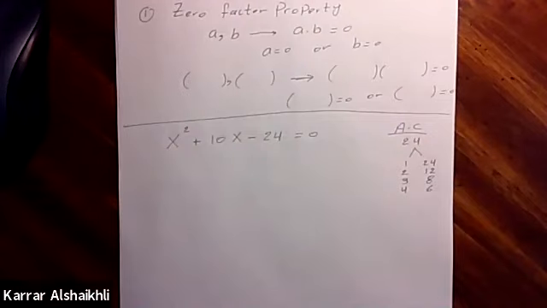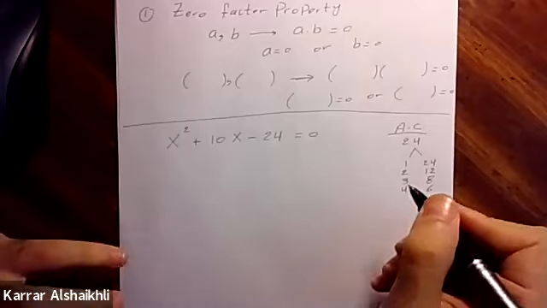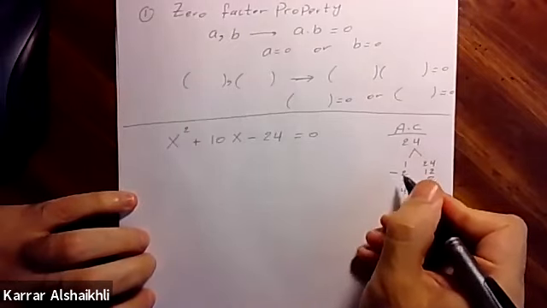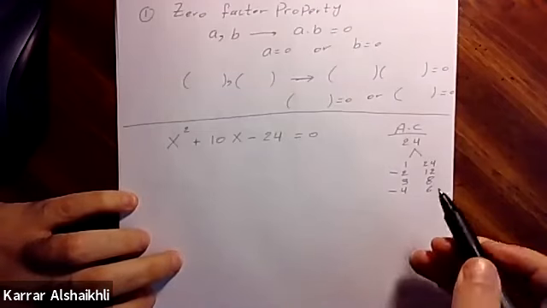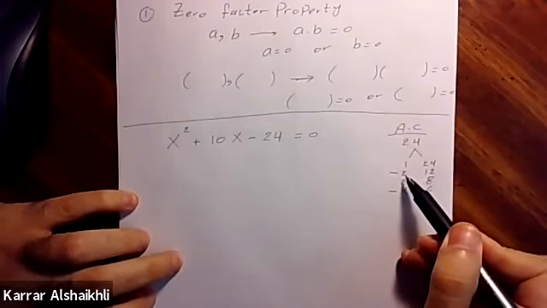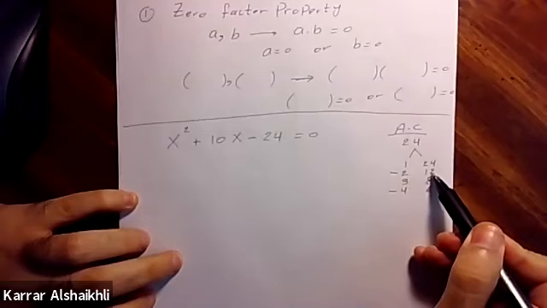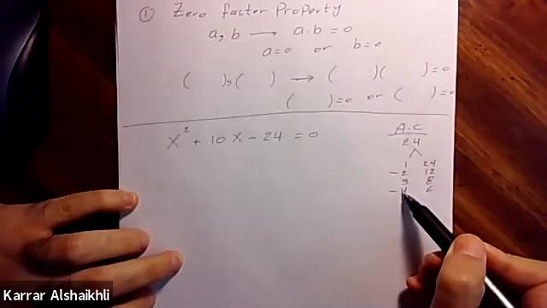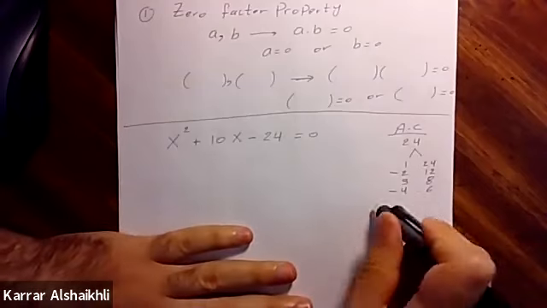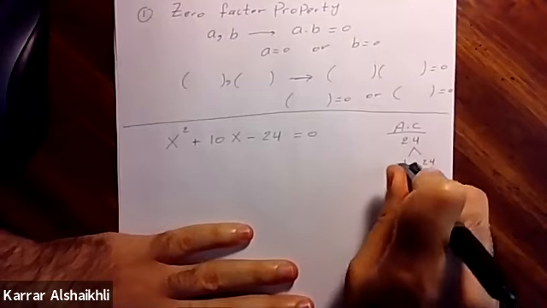How many options do I have here to get 10? I have two options. I can say negative 2 plus 12 is going to be 10, and I can say positive 4 plus 6 is going to be also 10.